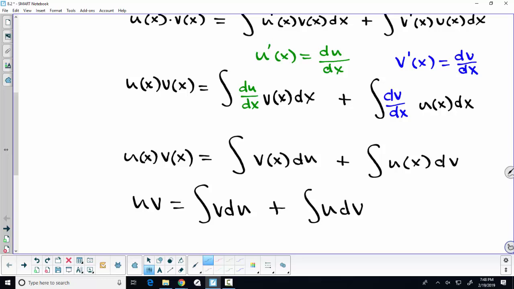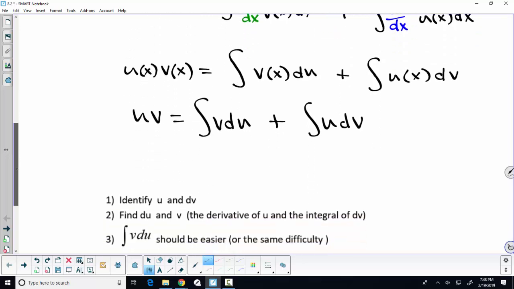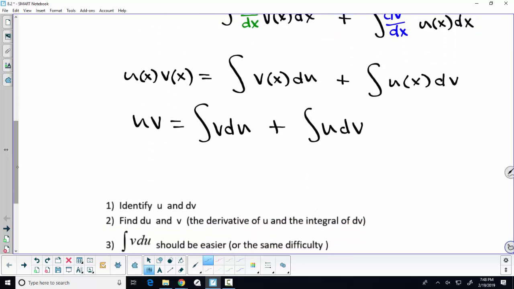But again, we just have to remember that this dv is actually dv over dx times dx, and the du is du over dx times dx. And then we'll solve for, as it's traditionally presented, the integral of u dv, and say uv minus the integral of v du is equal to the integral of u dv.